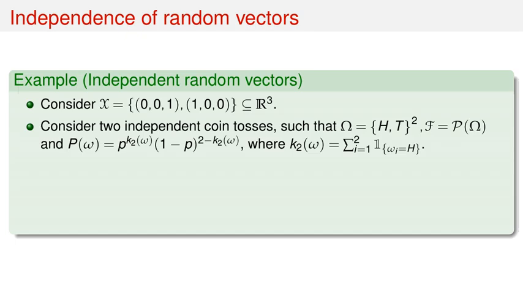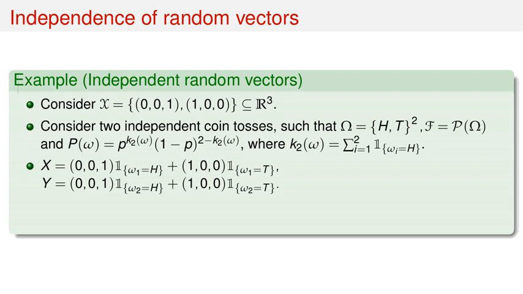So Omega equals {H,T} squared, script F is the power set of Omega, and the probability of omega equals p to the k_2(omega) times (1 minus p) to the power of 2 minus k_2(omega), where k_2(omega) is the number of heads in the two tosses for outcome omega.